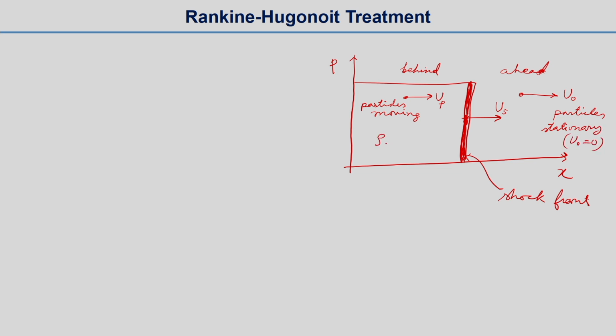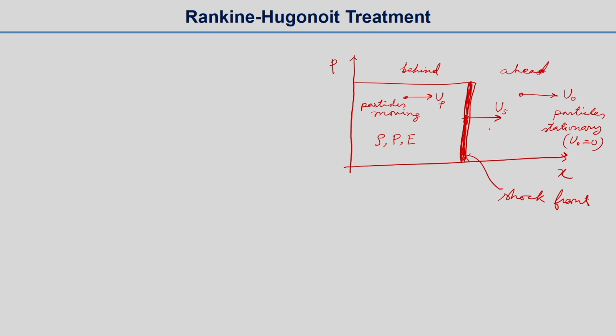Behind the shock we have the density rho, pressure P and internal energy E per unit mass.